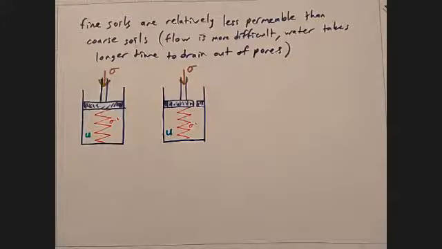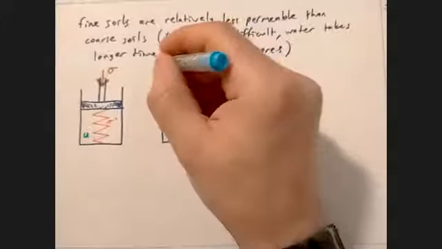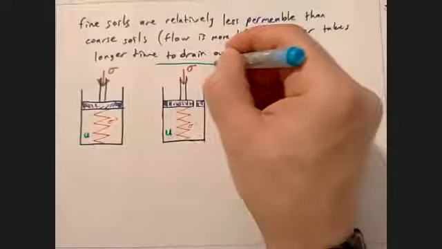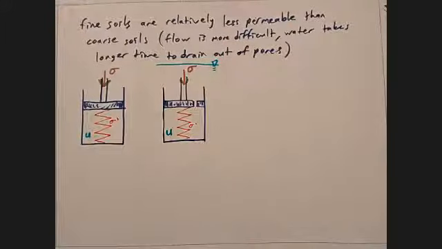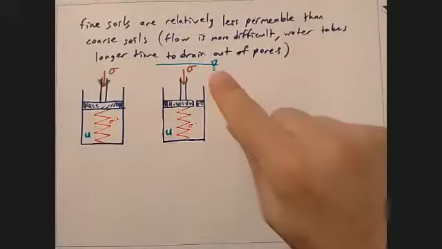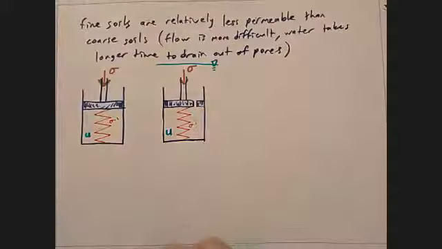And let's say that U comes from up here. The pressure can equilibrate because I have a hole in here.